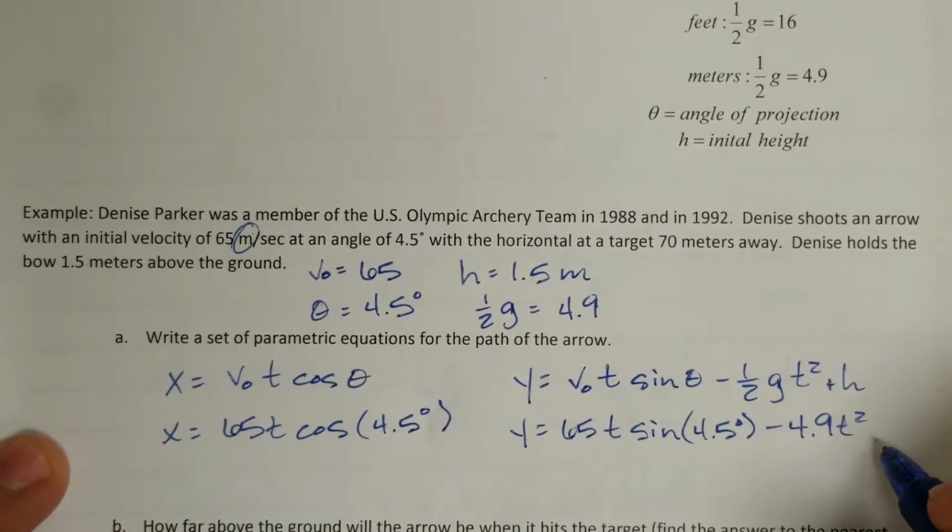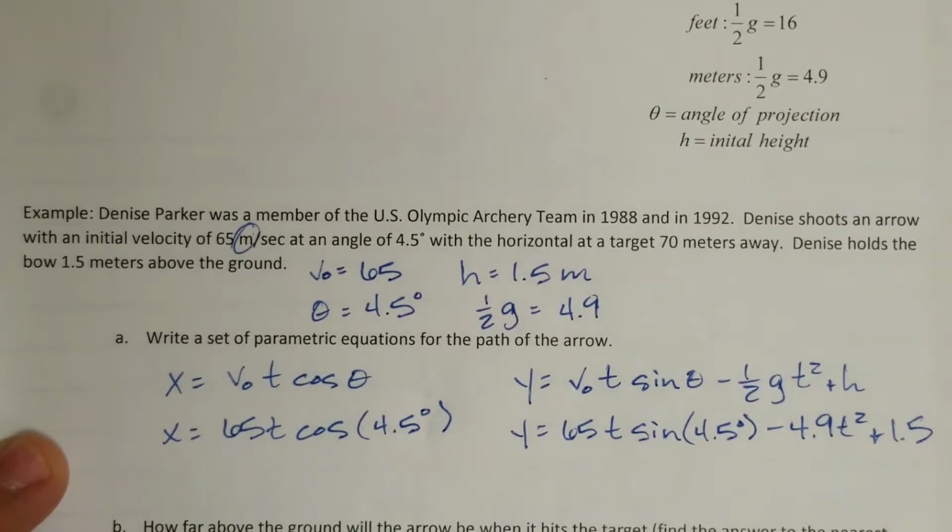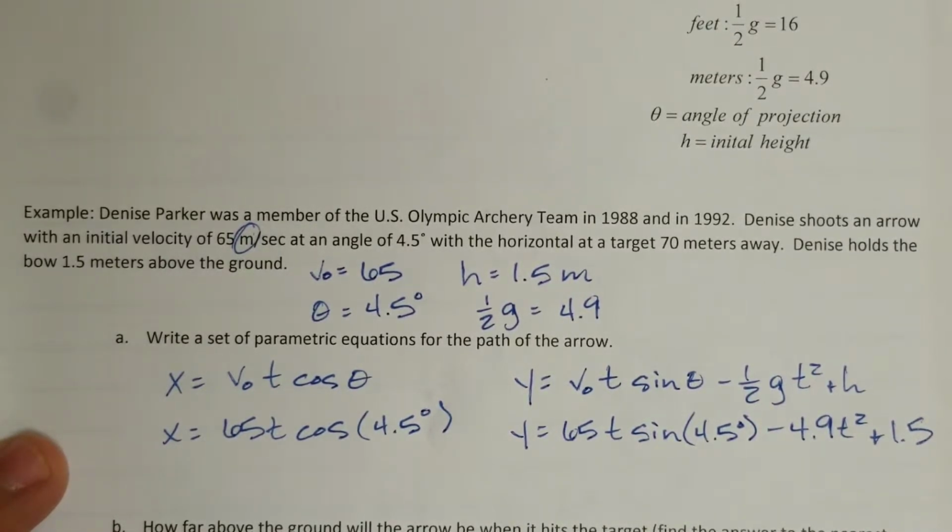And then my initial height is 1.5, so we need to tack that in on the end there. Many times it's written in the front as well. I will say this, you're going to see some problems on your homework where the ball's leaving the ground or something. So you definitely wouldn't have an h there if it's leaving the ground and then hitting the ground. All right, so there's your parametric equations.